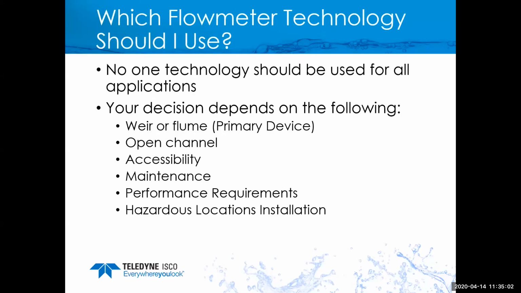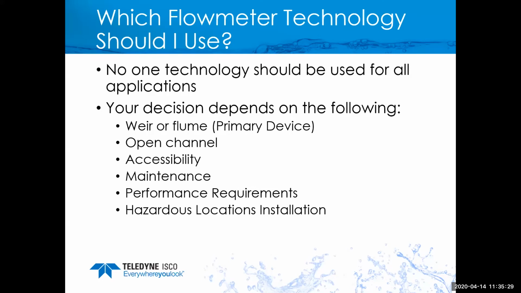So which flow meter technologies should I use? I've shown you a lot of different technologies that are out there, and no one technology can be used for all applications. That's why there are so many different ones on the market. So your decision is going to depend on the following. Do you have a weir or flume primary device already installed, or are you planning on installing one? Is it an open channel? What's the accessibility?